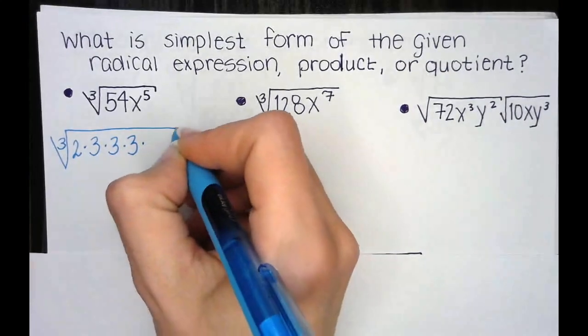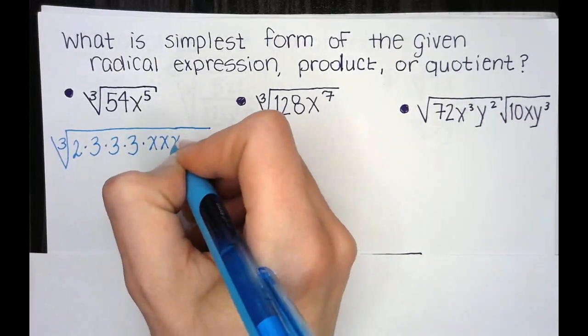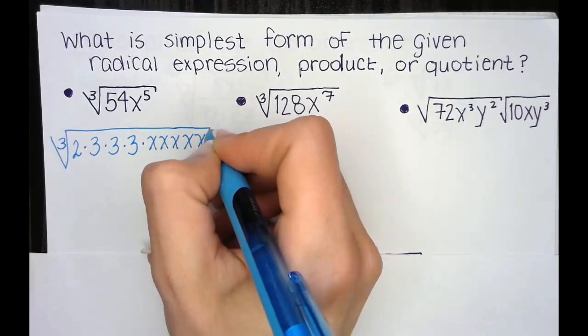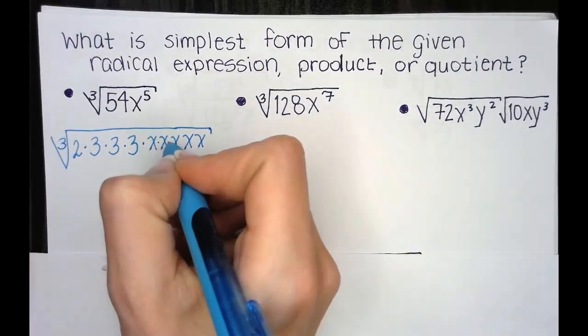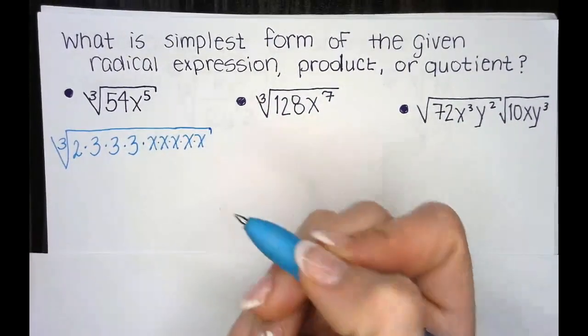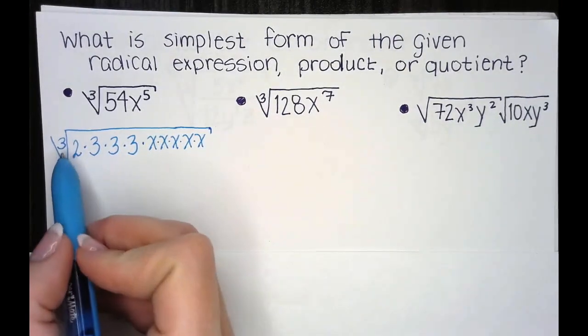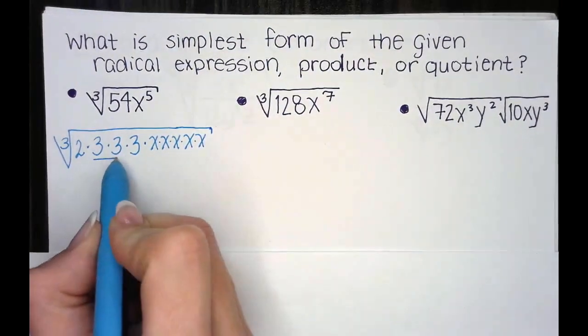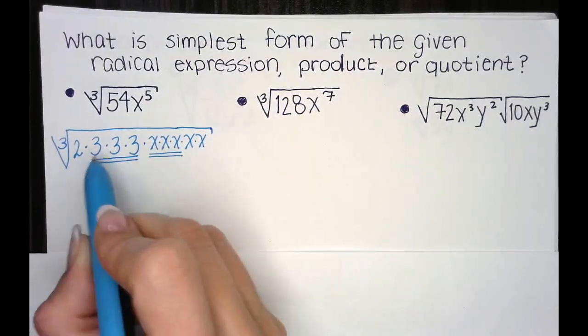Now, x to the 5th. For this example, I'm going to be really ridiculous and write it out as 5 x's. I like to close my radical so I know I'm done, and I'm going to put the little multiplication dots. So we have this cube root, and that's my little troll, and I can only go out of the castle in groups of 3. Here I have a group of 3, and here I have a group of 3, but I can't make another group of 3.